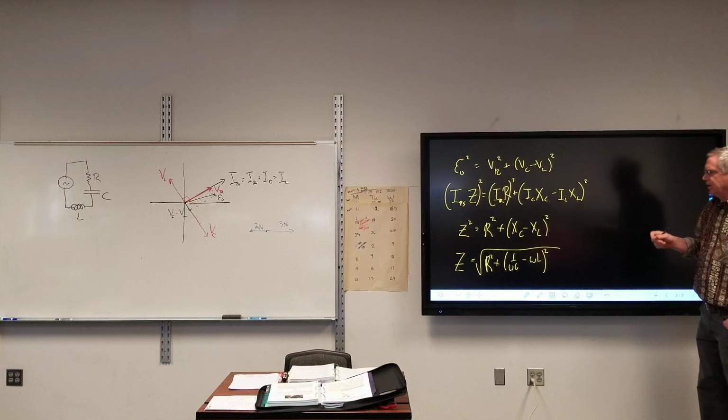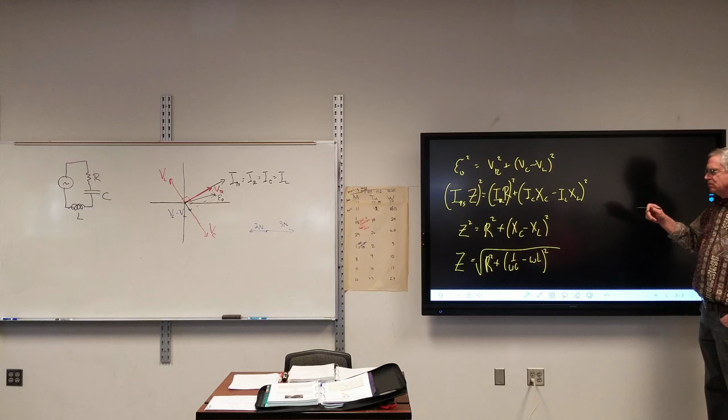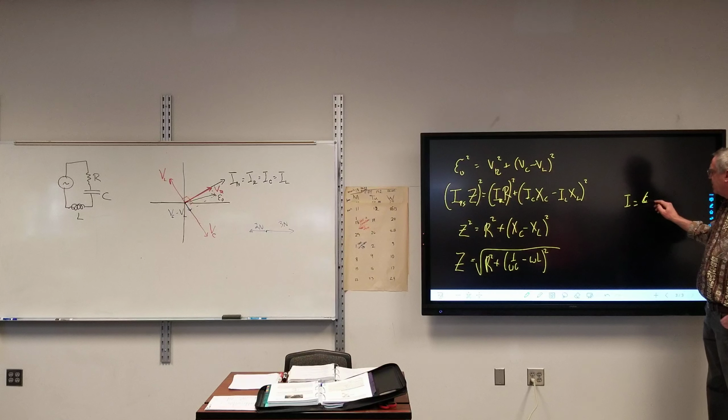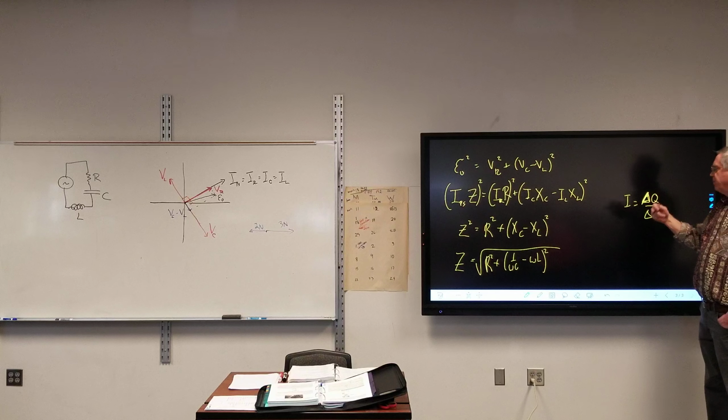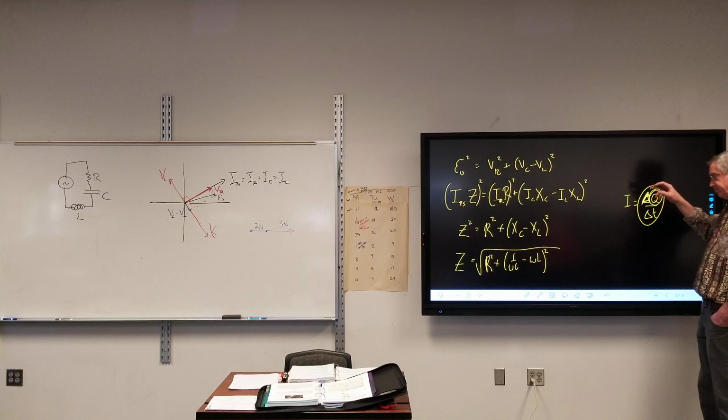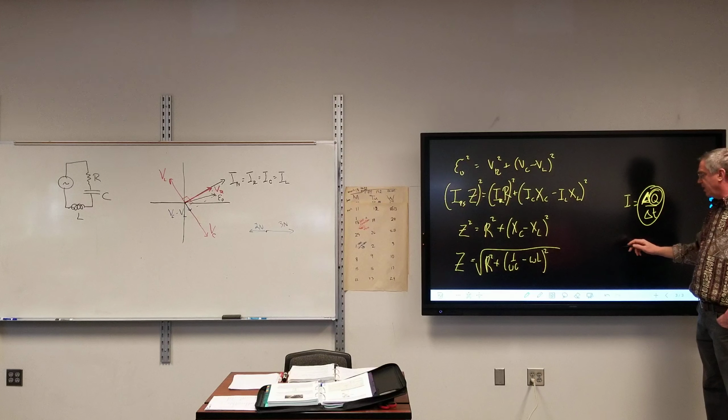So I know that I is the change in Q over the change in time. The voltage of a capacitor depends upon the charge, and so the current is related to basically the slope of the charge time graph.